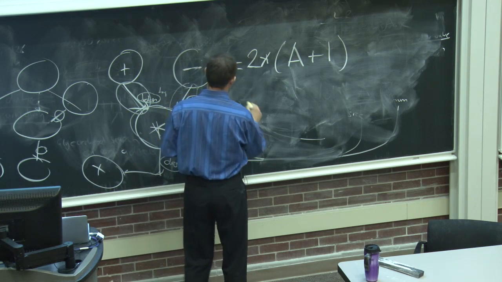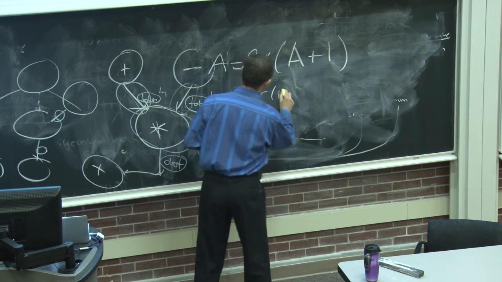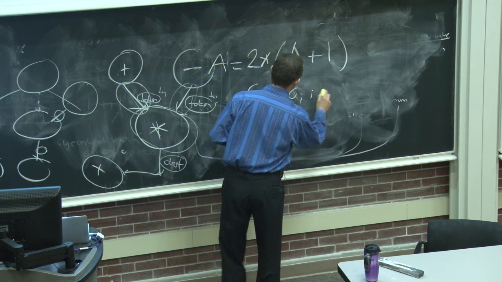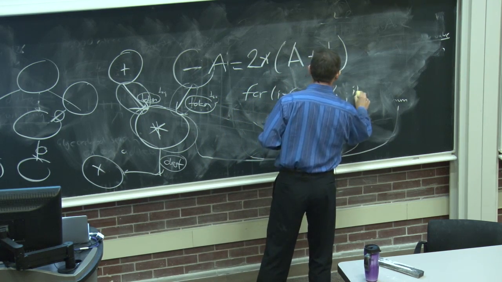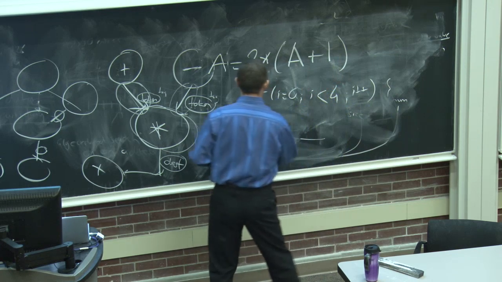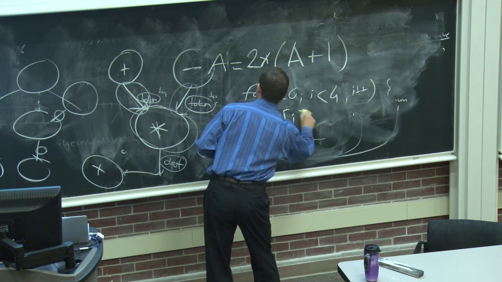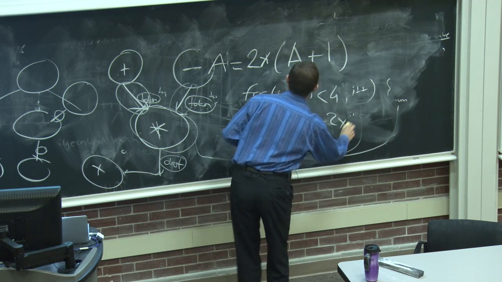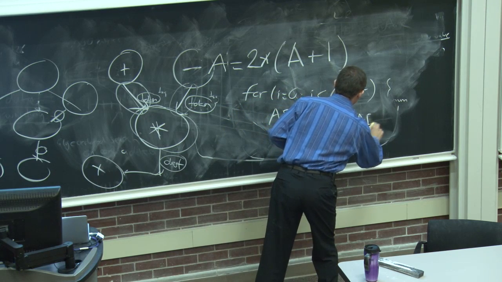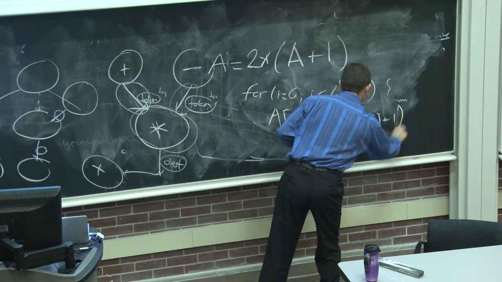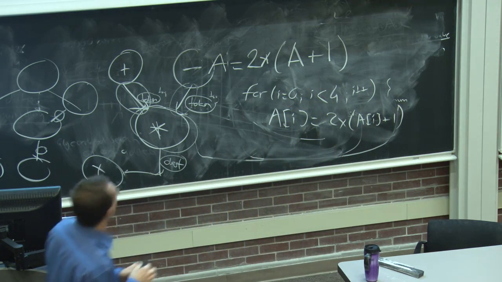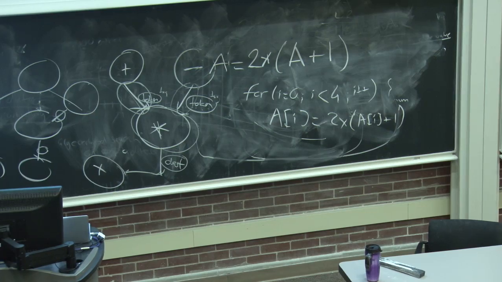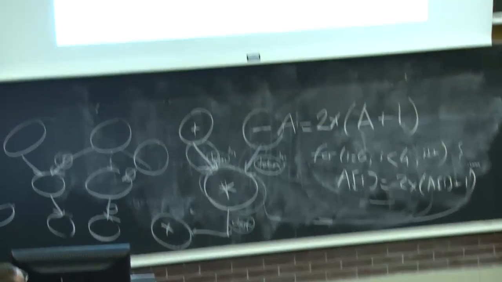Now, if we make this nicer, for I equals 0, I less than 4, I plus plus, what we're doing is A[I] equals 2 times (A[I] plus 1). Nicely cooked up program. OK, so that's this program. How does it execute on an array processor?